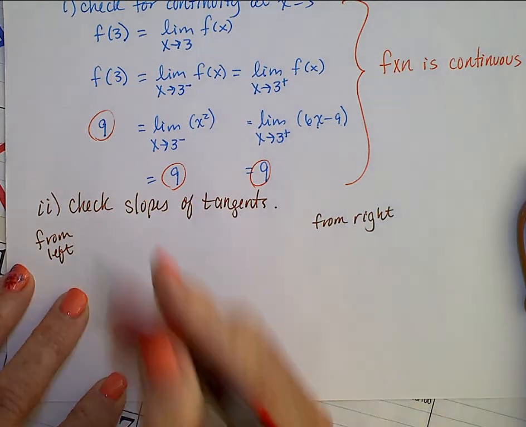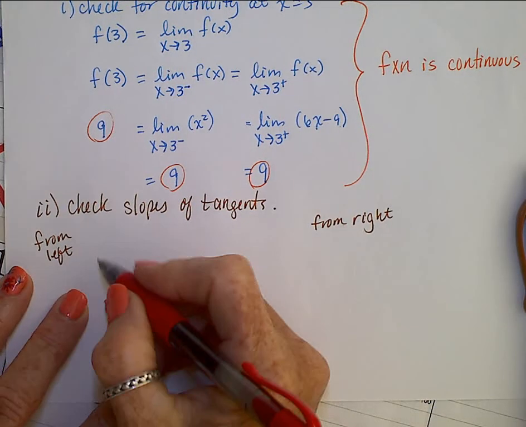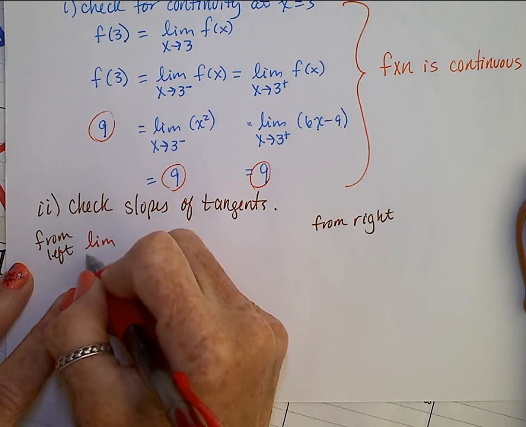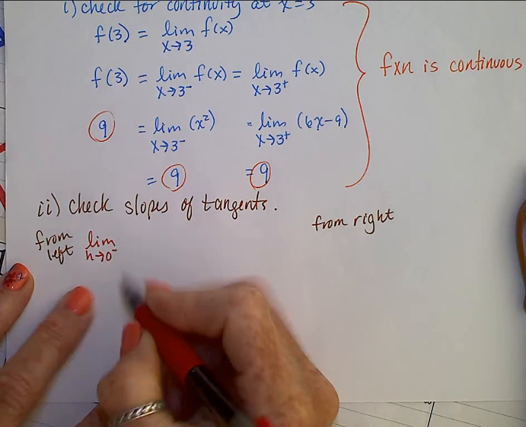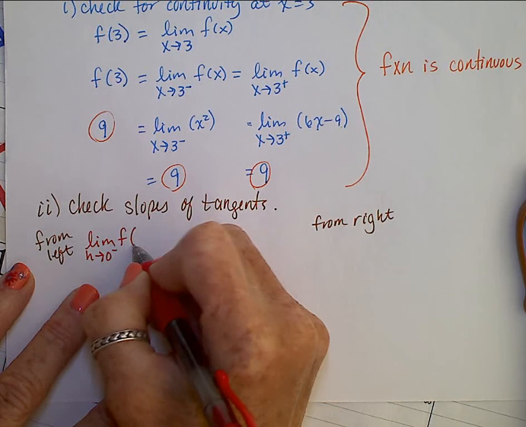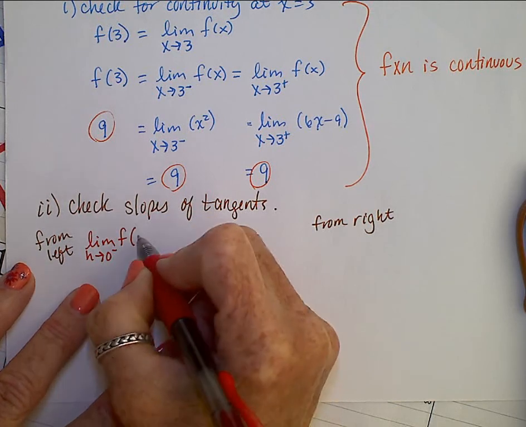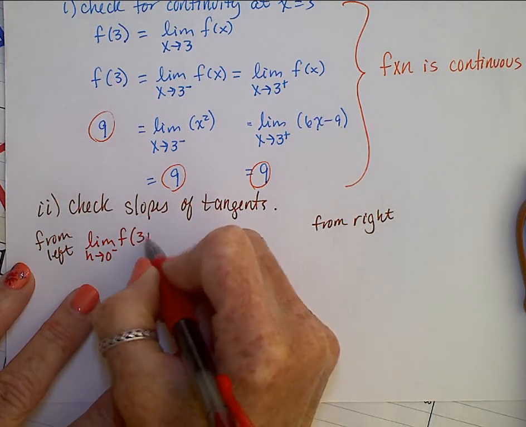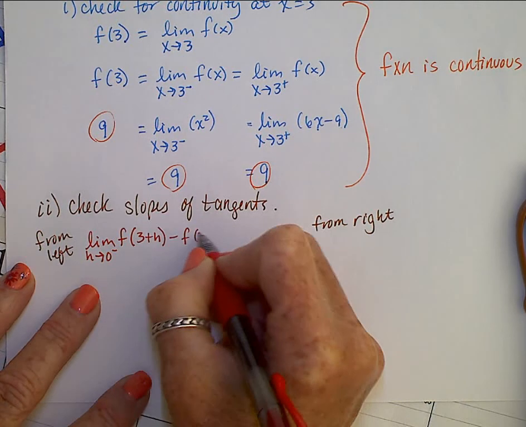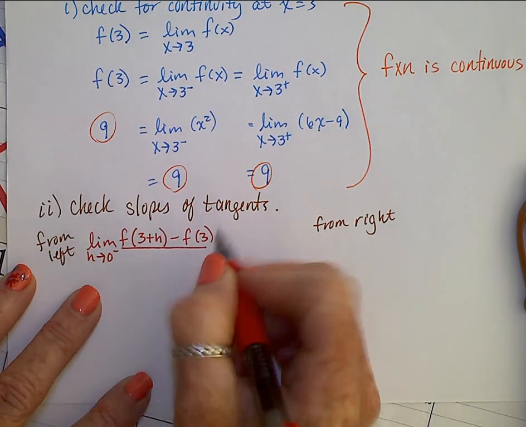Slopes of tangents from the left, that's a limit as h approaches 0 from the left of f of, and we're coming from the left side of 3, so 3 plus h minus f of 3, all over h.